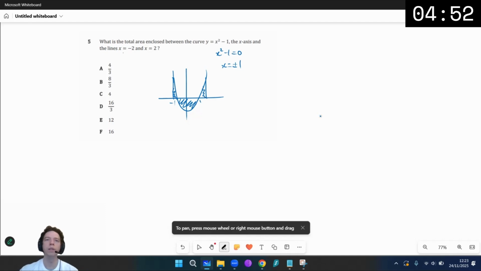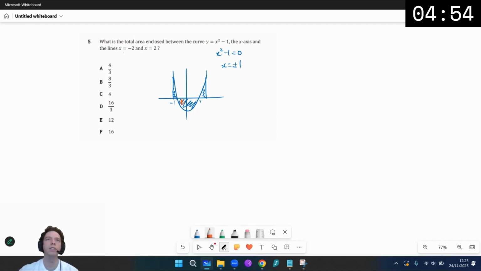Remember that if you integrate the function between -1 and 1, it will give you a negative answer. It will give you minus the area here that I colored in orange. So be careful about that.